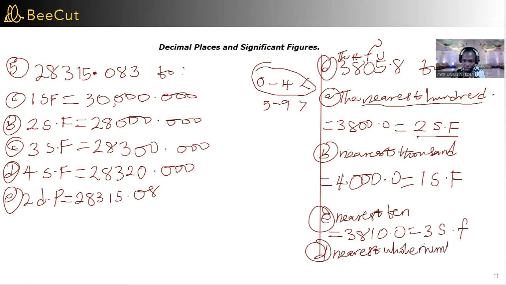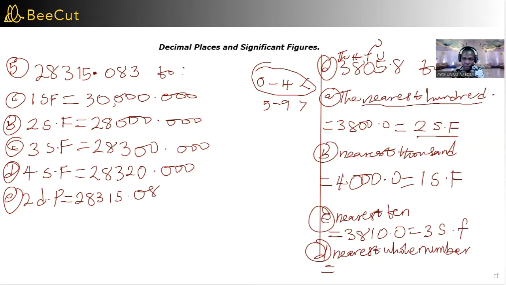So what should be the answer? You know your whole numbers? The whole numbers are 1, 2, 3 up to million, billion, and so on, without decimal at all. And this number has a decimal 0.8.